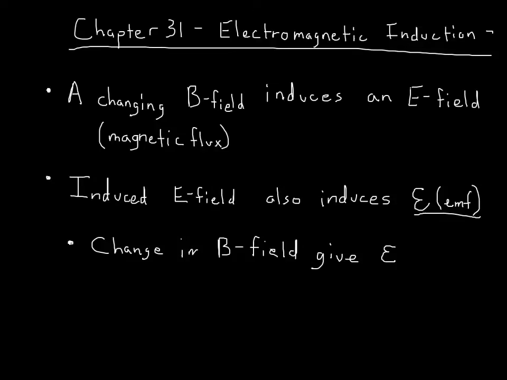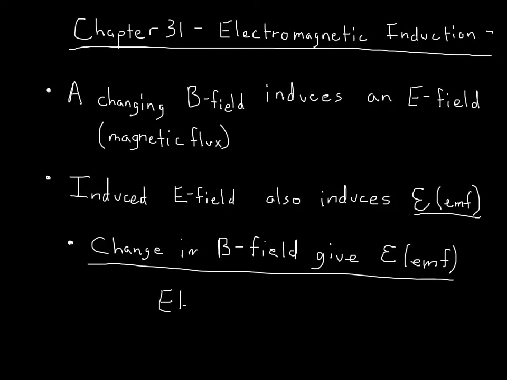It's going to move some potential into and through a circuit. And this concept right here governs almost all of our electricity. Our electricity is created through this process that we call electromagnetic induction, the entire topic of this chapter.